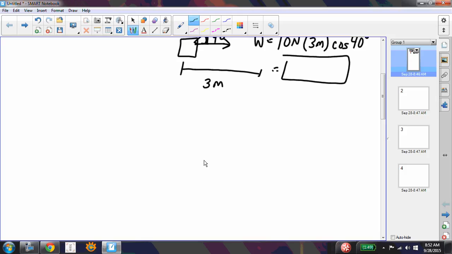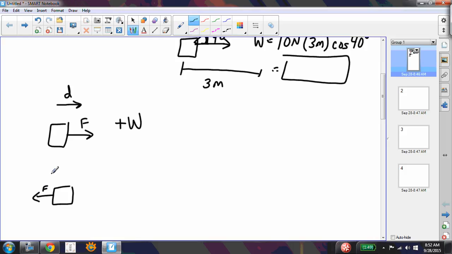A few conceptual problems. You need to realize that if I have a force in this direction and it moves in this direction, I've done positive work on that object. If I have a force in this direction and it moves in this direction, that force has done negative work. A good example of this would be friction.